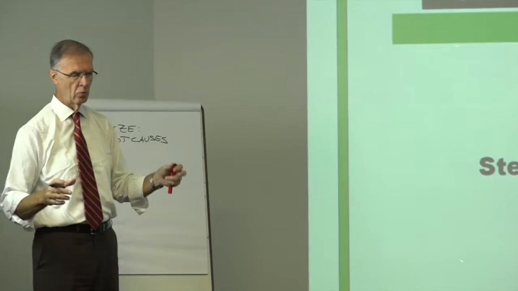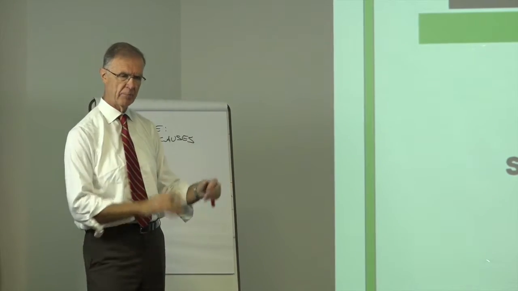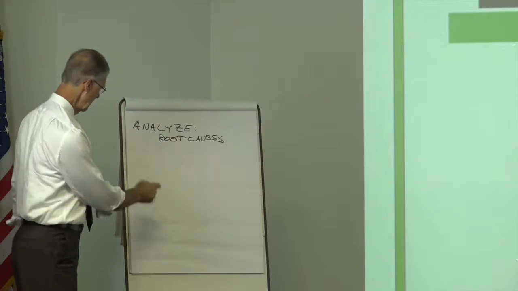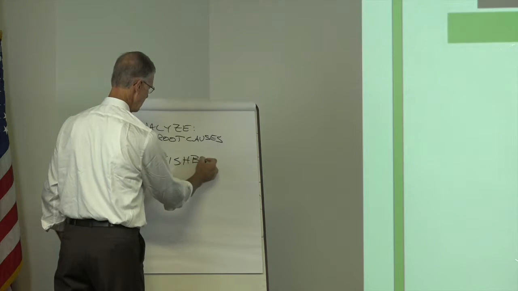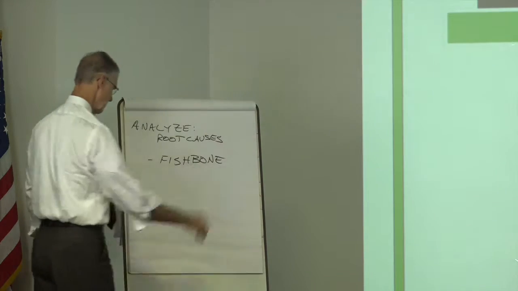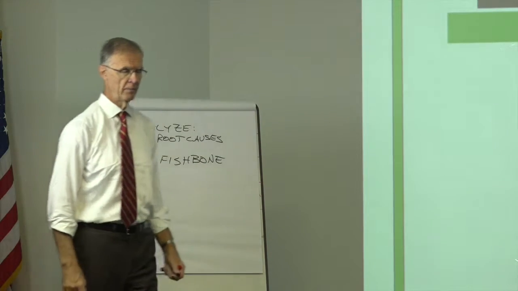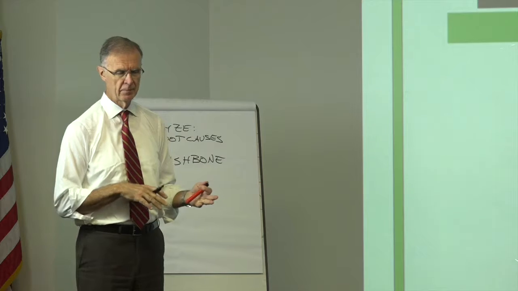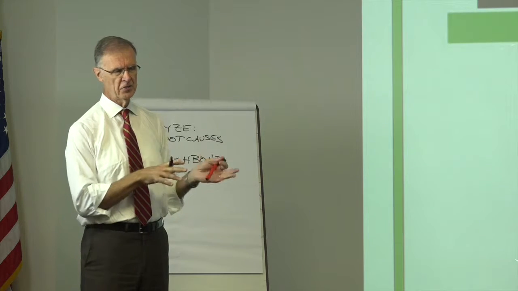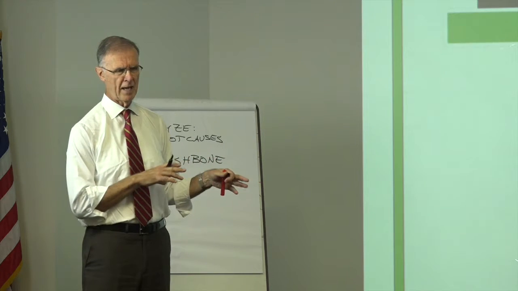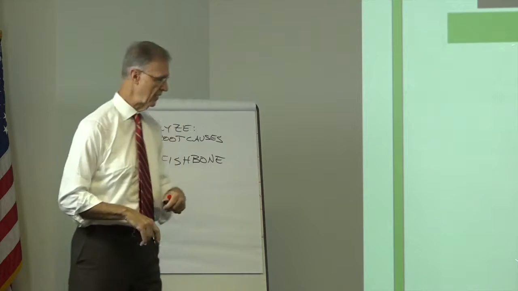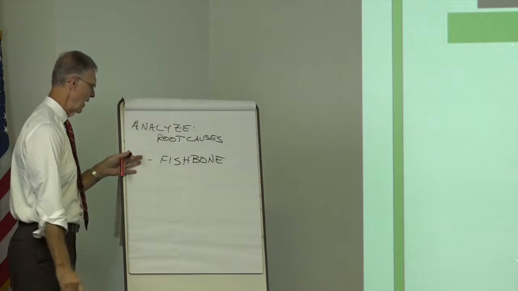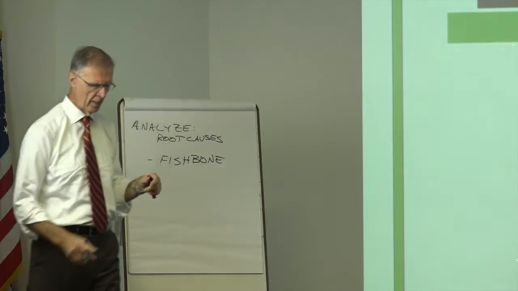What might be a tool that we would want to start this step off with? Okay, so the fishbone. Does the fishbone have any other names? Ishikawa. Cause and effect. Okay, if it's called Ishikawa, who do you think it was named after? Dr. Ishikawa. Got it. All right, so we'll do the fishbone.